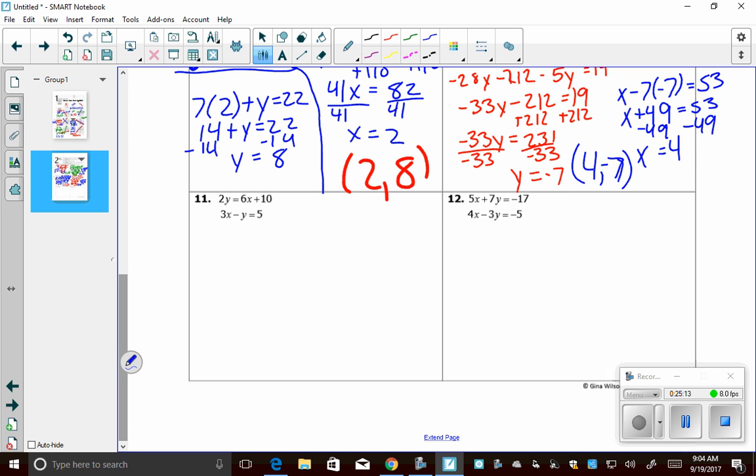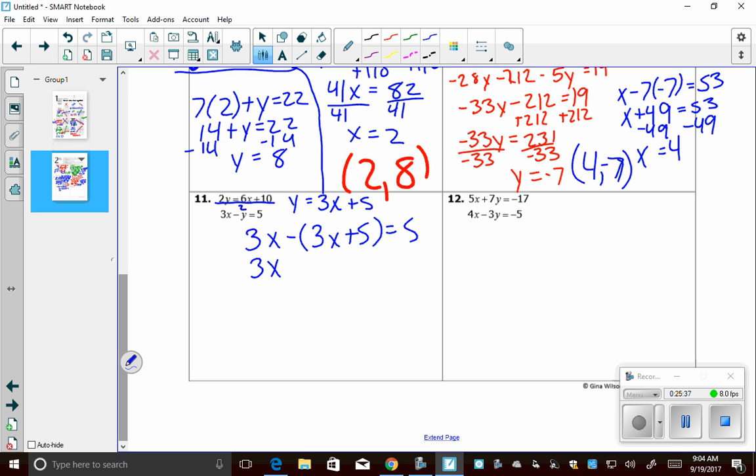Number 11. If you solve the first one for y, all you have to do is divide everything by 2. So you get y is equal to 3x plus 5. Plug it in. 3x minus (3x plus 5) is equal to 5. Distribute the negative.